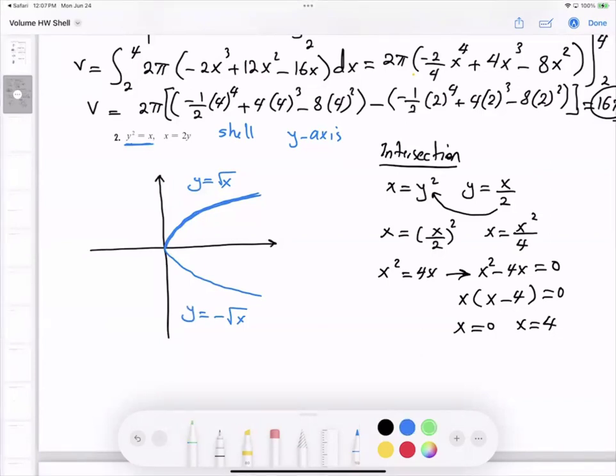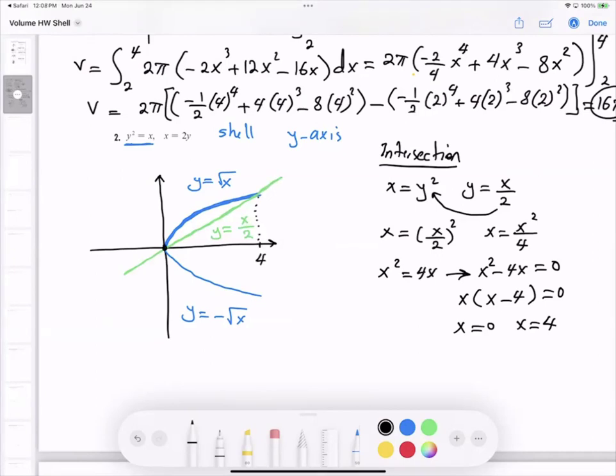And the next guy that you have is y equals x divided by 2, which is an increasing line, behaves like this. So y is x divided by 2. Perfect. And we know that they're intersecting at 0 and 4. So this point is 0, and this point of intersection is 4.